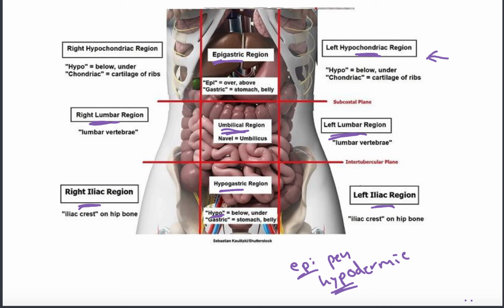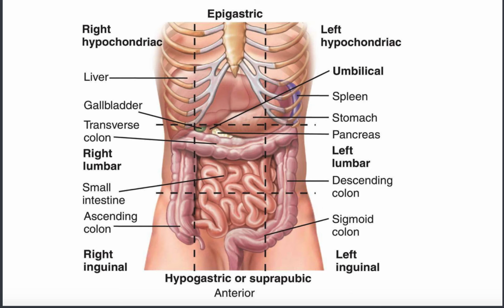Okay, now this is a picture of the regions and has the organs more clearly labeled. So for those of you who are unfamiliar with the organs, this is just another image so you get used to them. You should definitely be familiar with the location of these organs by the time you reach the digestive unit, for certain. By the way, I know I mentioned in earlier slides that colon refers to sections of the large intestine.